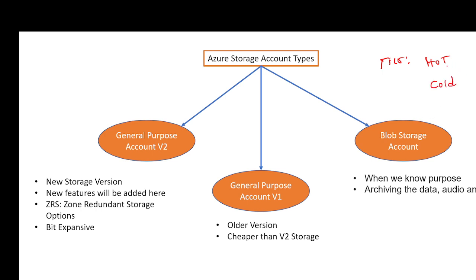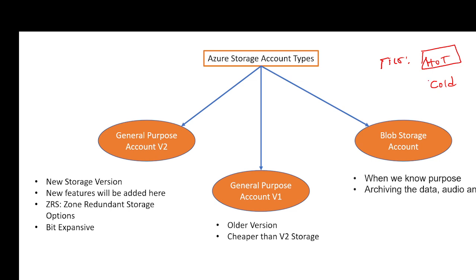If you have data which is transacted daily, say for example you read something from the storage account and write something to it, meaning every now and then you are interacting with the storage account, with read and write operations happening, in such a scenario you can always go with the hot tier, because the hot tier is for highly transactional data. The performance is much faster in the hot tier.